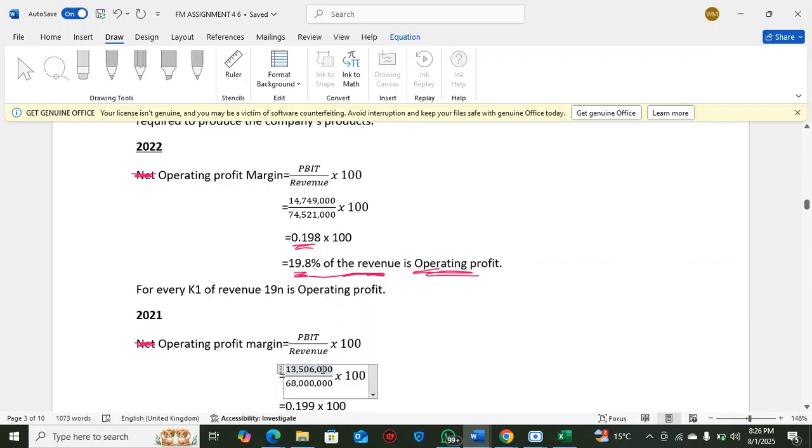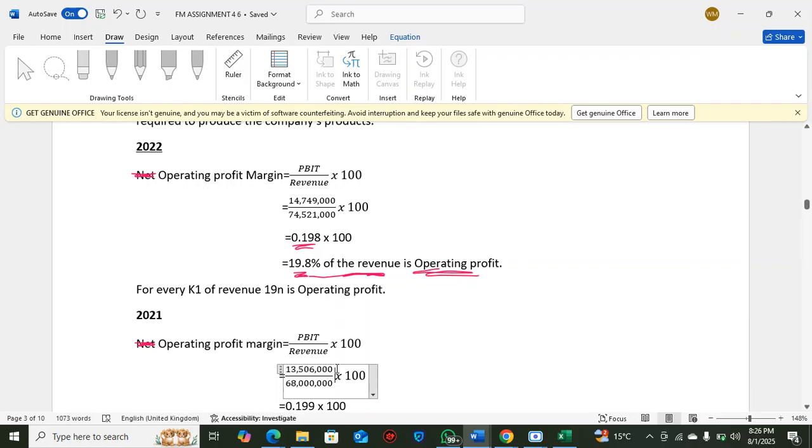So it seems like our operating profit and our sales revenue both increased. That's why we're having the same operating profit margin. But what we can see is in 2022, we made more operating profit versus 2021, despite the margins being similar.